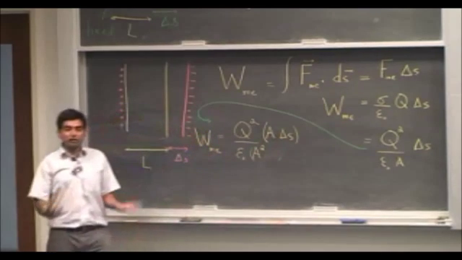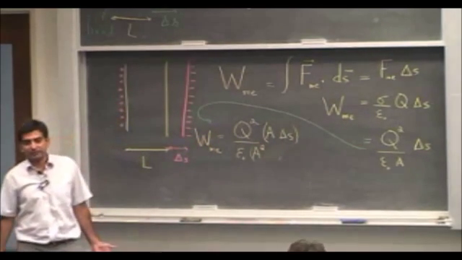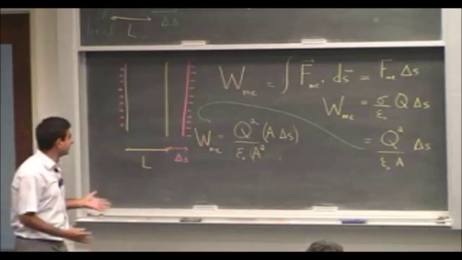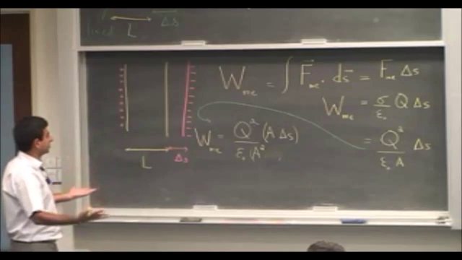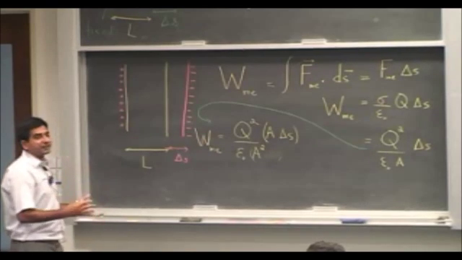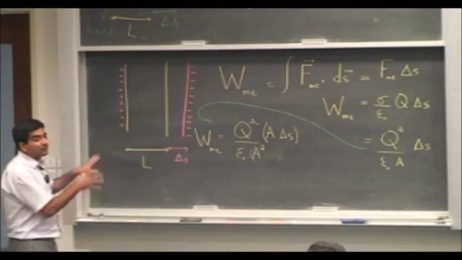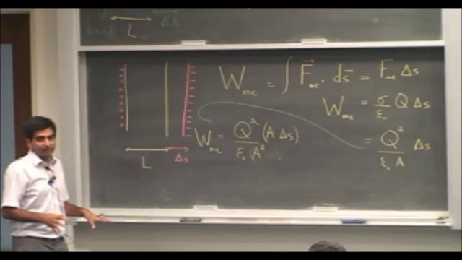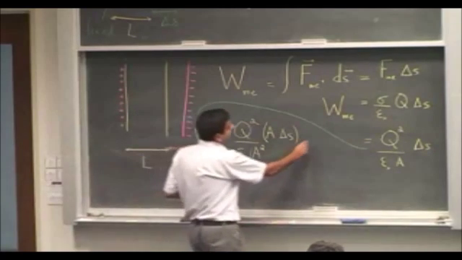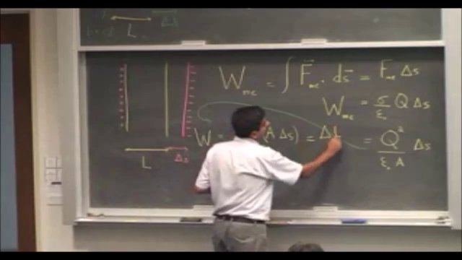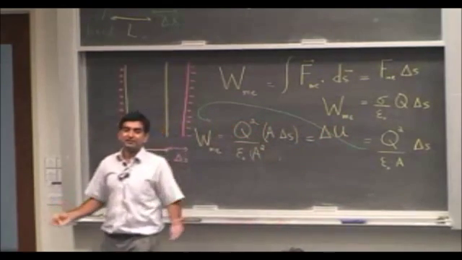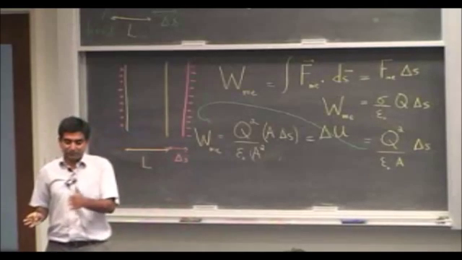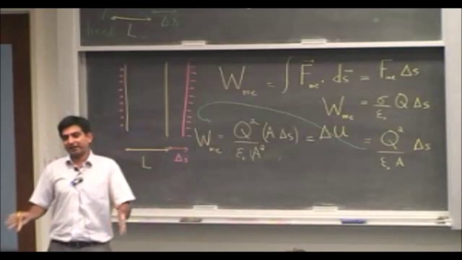This work must go somewhere because energy has to be conserved, and since there are no other obvious reasons how this energy can go up, the temperature doesn't go up, there's no friction, this energy must reside somewhere in the system. Okay? So let's call this the increase in the energy, some kind of energy, U. It's not kinetic energy because once I move the plates they remain static where they are.